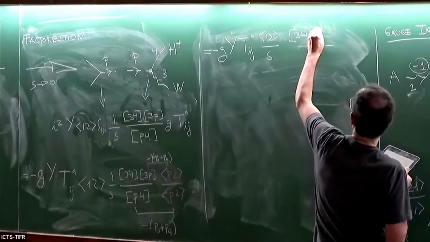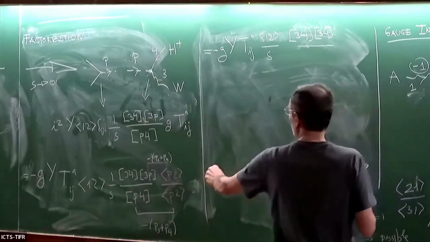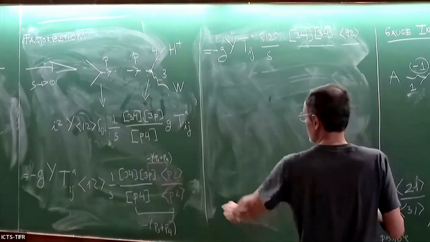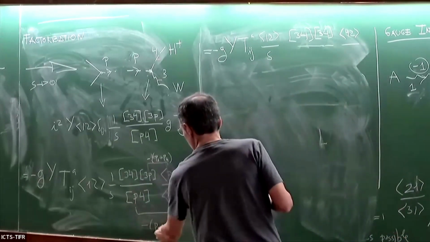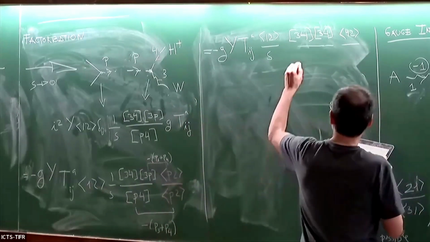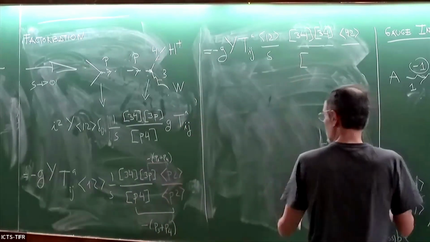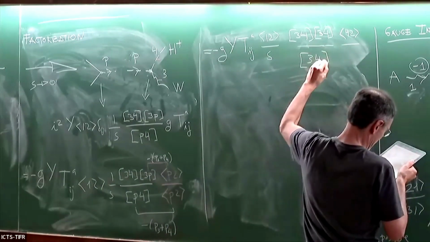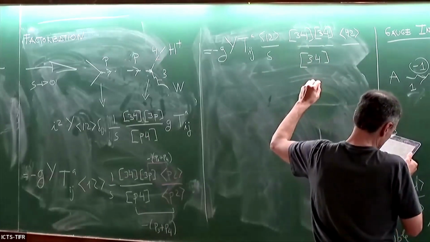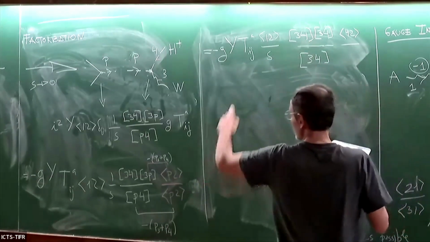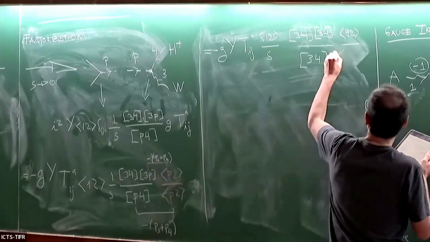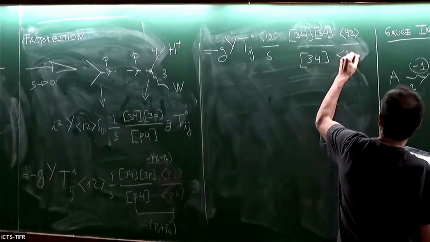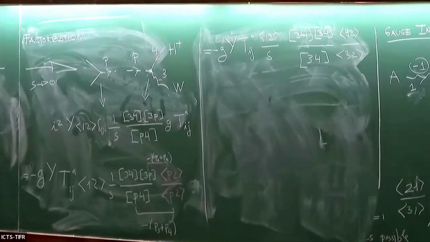So it will be 3, 4, and the other will be 4, 2. And down there, the 4 cancels because it has to be 3. There's a minus upstairs and a minus downstairs, so I don't put it. And 3, 2. Getting closer to something that looks like here.